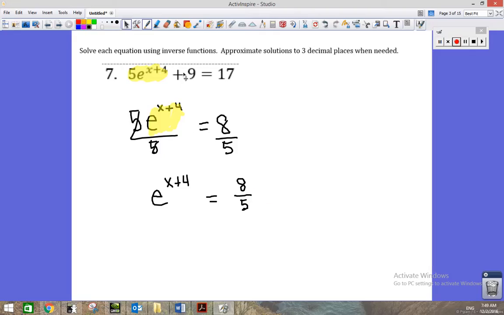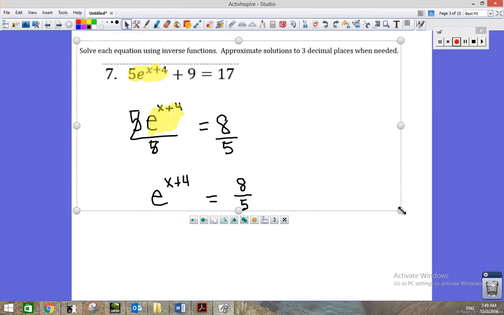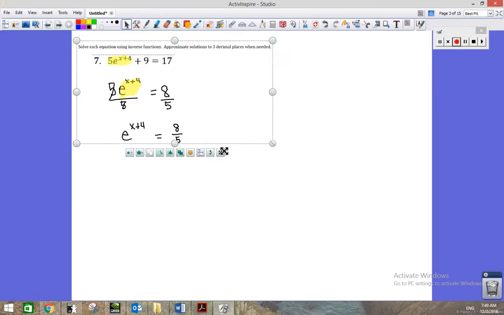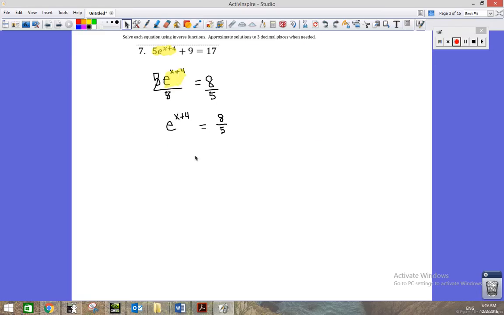Now I've gone as far as I can go with getting the variable by itself, and I'm going to have to now use the idea that this exponential equation has an inverse of a log function. I need to take the natural log of each side of this equation. I'm choosing the natural log over the common log because this base is e, so it's convenient for me to take the log base e of each side.